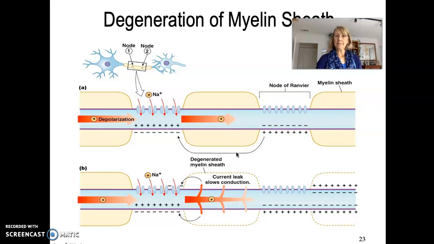Now imagine MS, so multiple sclerosis. Your autoimmune disorder where you're attacking your own myelin and you're destroying some of that myelin. And in this picture here, it's dotted line because there's been a degeneration of that myelin. So what happens then is instead of sort of depolarizing here and rushing to the next area and then rushing to the next area, it has to continue to depolarize those channels that were sort of under the myelin, and it's slow.